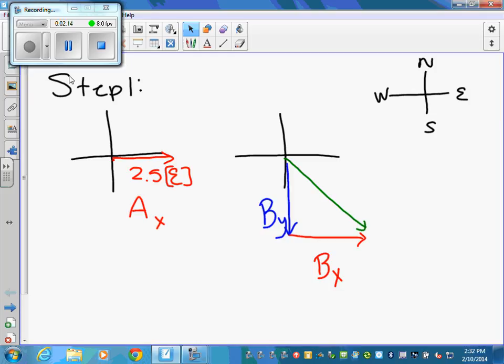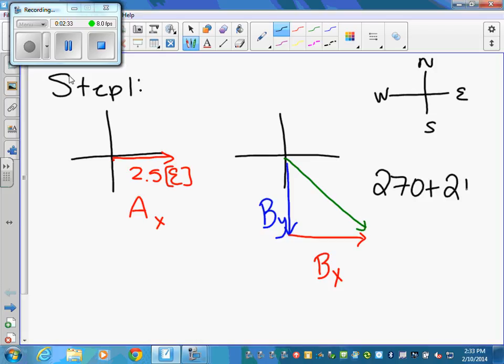Let's do Pythagorean theorem, but when we talk about south 21 degrees east, what else do I need to know? 270 plus 21. So 270 plus 21 is what? 291. Remember these should be degrees, right?